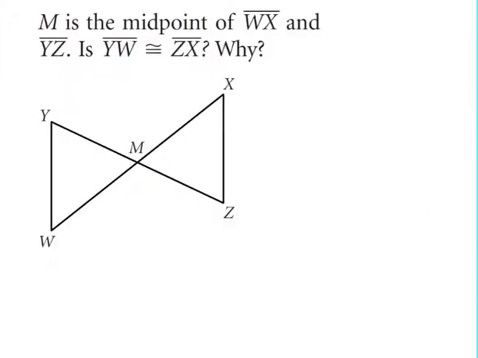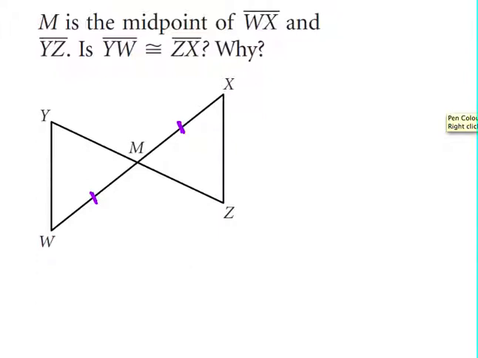So let's go ahead and look at an example. These are going to be similar to what you have on your homework today. It says M is the midpoint of WX. So if it's the midpoint of WX, I already know that these two segments are the same, right? Because what does midpoint mean? In the middle. It also says it's the midpoint of YZ.